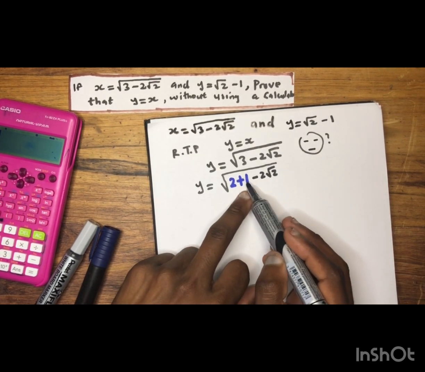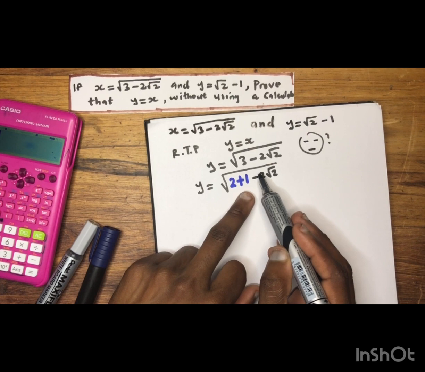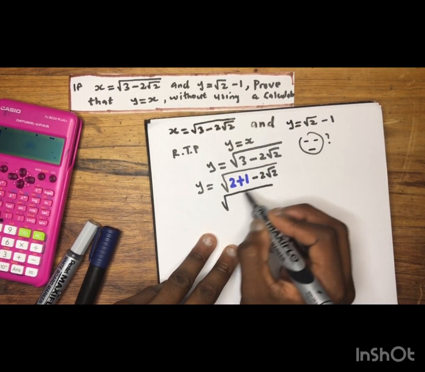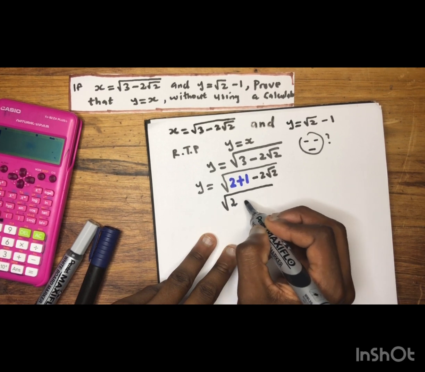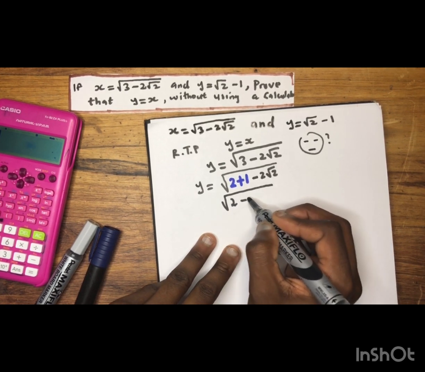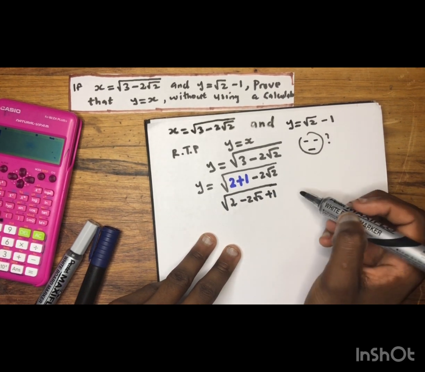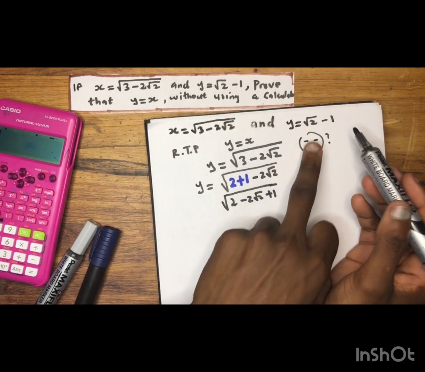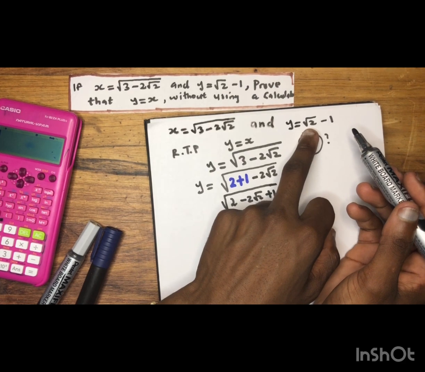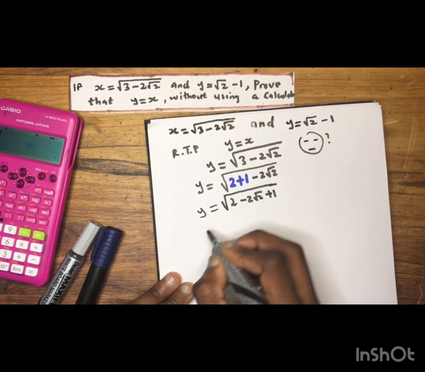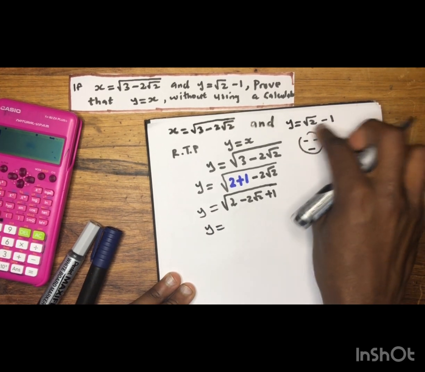Since, guys, 1 is a perfect number, I'm going to push it to be the last number and put 2 here to be the first number: 2 minus 2 root 2 plus 1. Why do I do this? Because I see that I have root 2 here. Remember, guys, because this is what I want to get here.